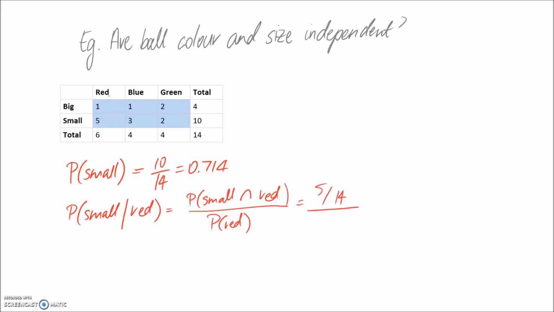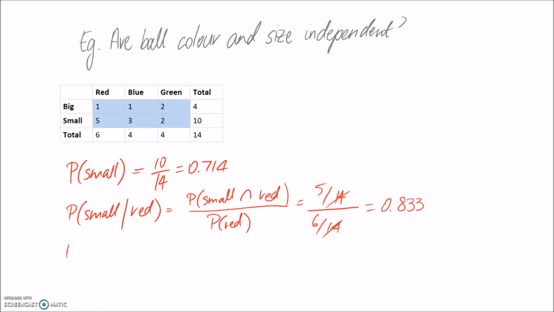And the probability of it being red, just on its own, is 6 out of 14. So these cancel with each other, and we get 5 out of 6. And this is about 0.833. At this point, I can already say that they're not going to be independent, because they're not equal to each other. The marginal probability of it being small is not equal to the probability of it being small conditional on it being red.